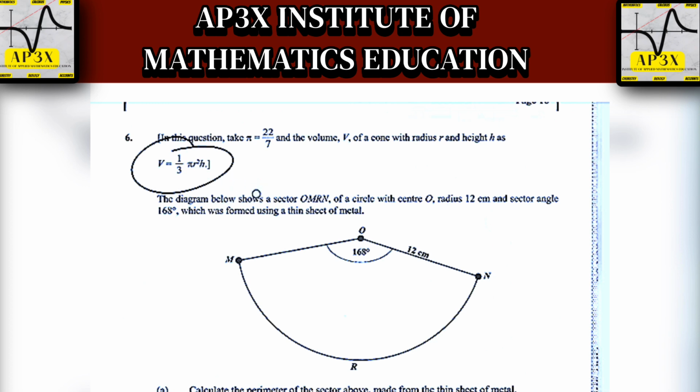Now the diagram below shows the sector OMRN of a circle with center O. The radius is 12, which you can clearly see here, and the sector angle is 168 degrees, which was formed using a thin sheet of metal.